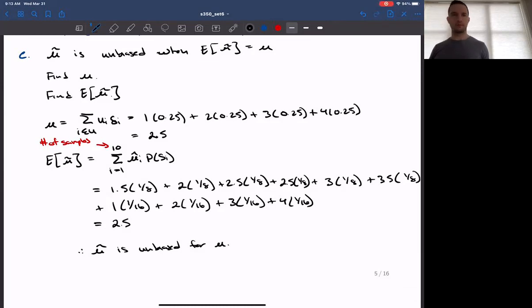Okay. Any questions? Okay, so that's our example for effectively showing that an estimator for the mean that's collected through sampling with replacement is unbiased.